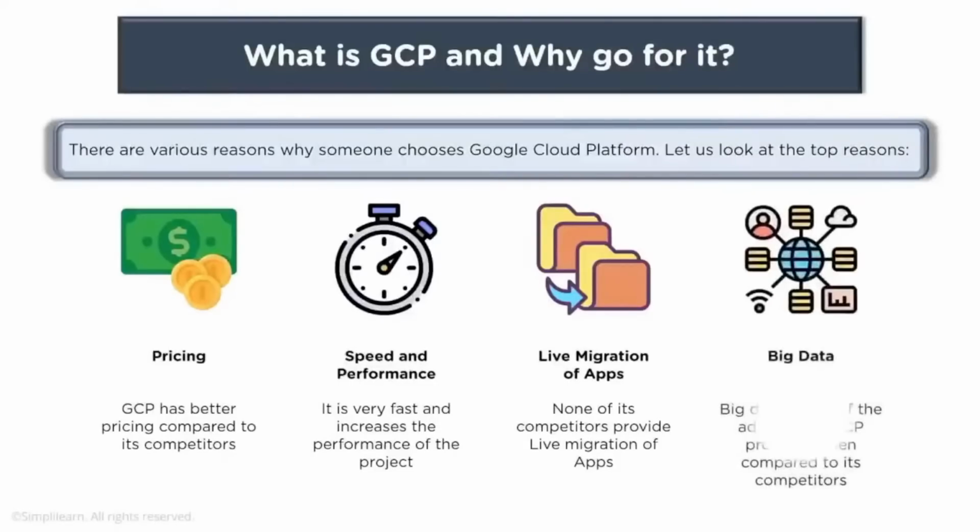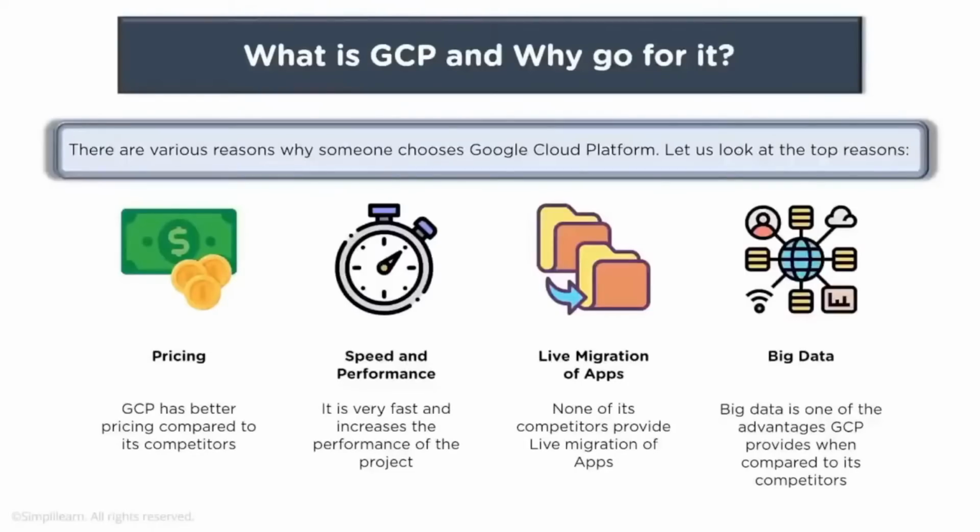When you talk about big data, Google Cloud has various offerings in the big data space, and that's one of the advantages of GCP in comparison to other competitors. You have different services for your big data needs, such as Pub/Sub for a publish-subscribe messaging system, or Dataproc, which allows you to spin up Hadoop and Spark clusters to run your different jobs.